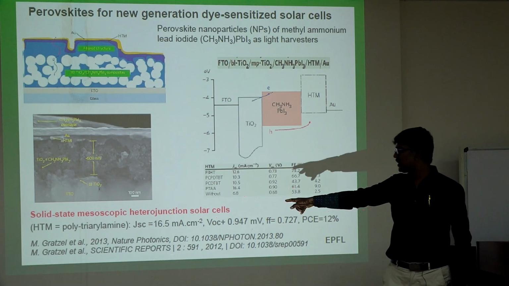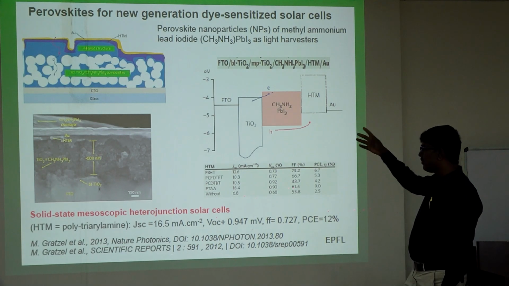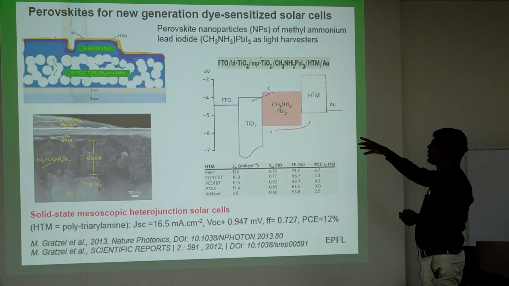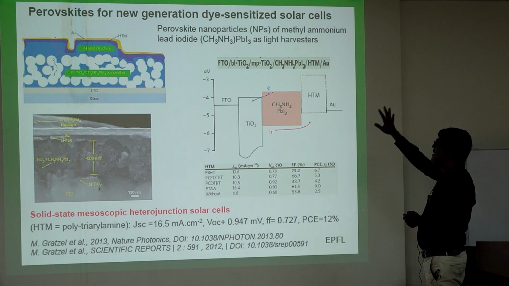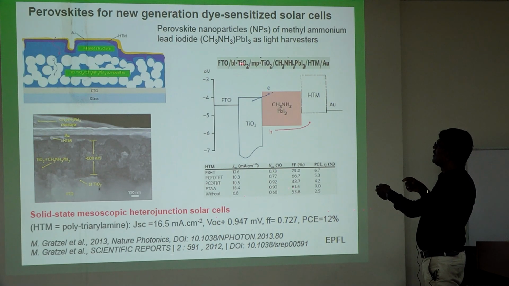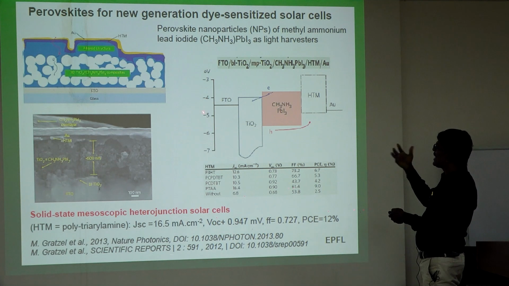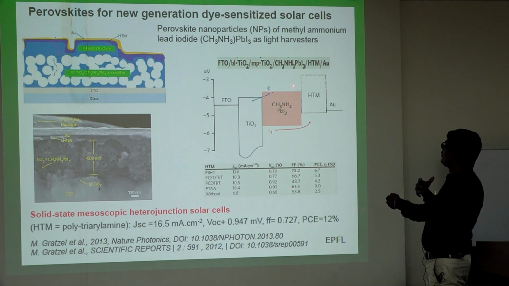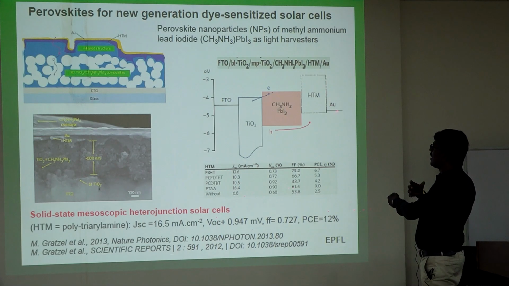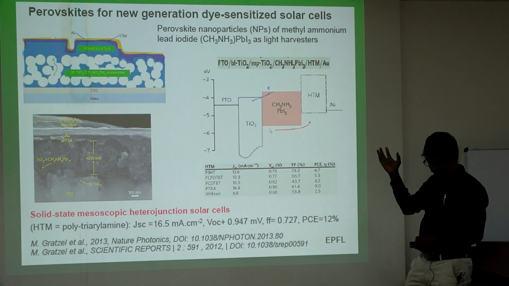They use a hole transport material like polytriarylamine, fullerenes or spiro compound to get a good efficiency. MP means mesoporous TiO2. They use mesoporous TiO2, lead halide compound, hole transfer material and gold electrode.